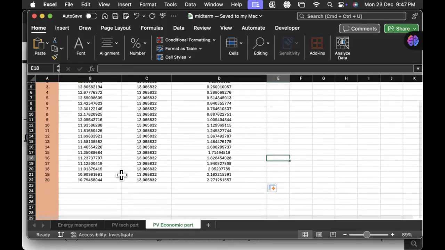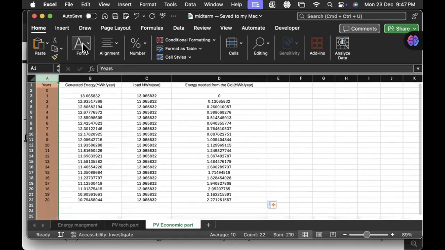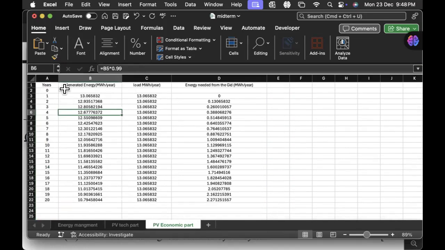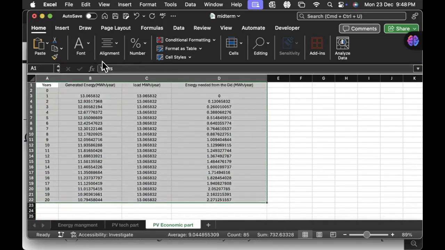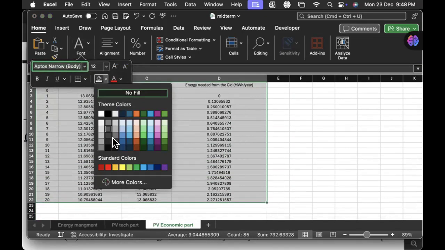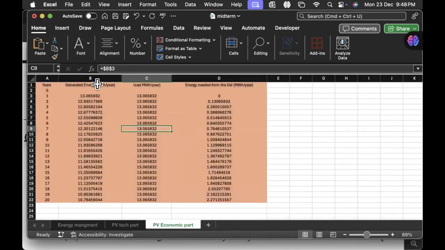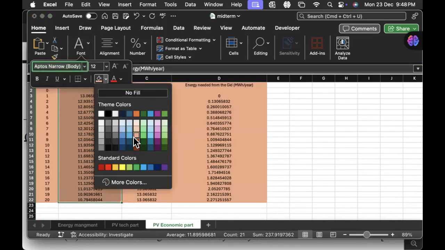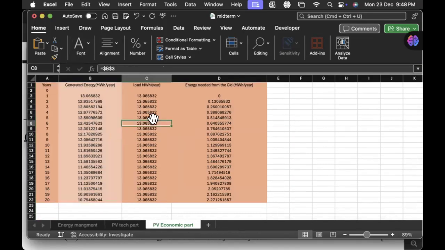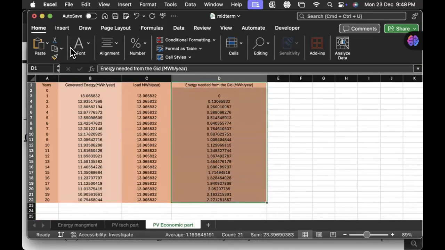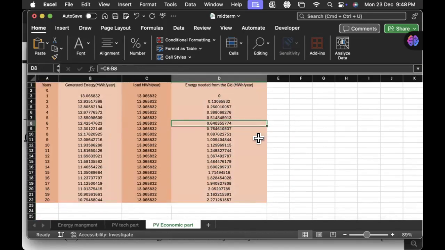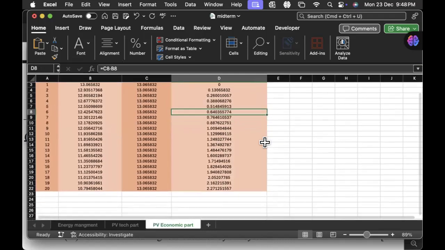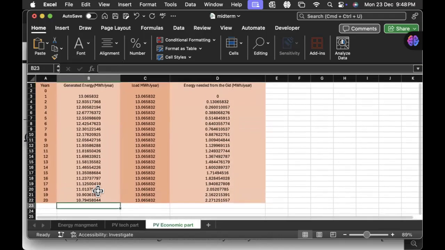And before going further, let me make it a bit more cosmetic. Let's do this in a better way.